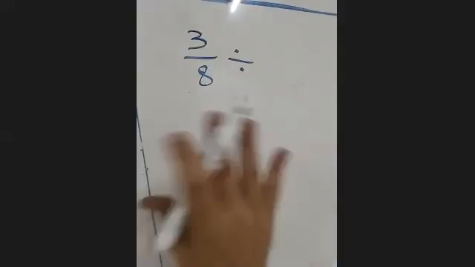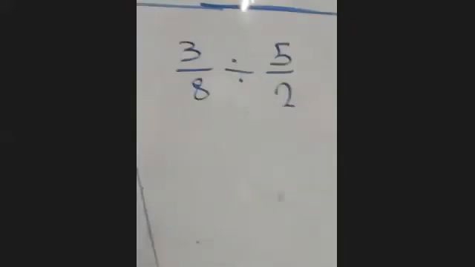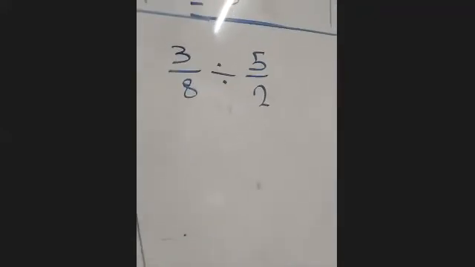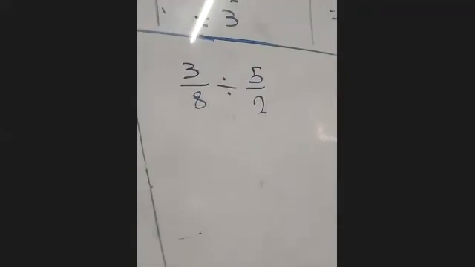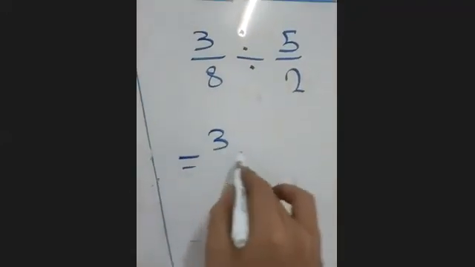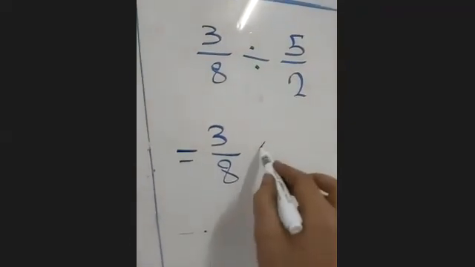These exercises are not in the book. Who can help me with this one? Yalla, I want new students, guys. Hamza. Yes, mister. Can you help me with this one? We put 3 over 8 down. Then we just change the division to multiply.